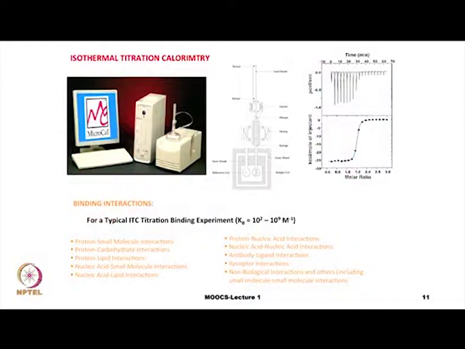For example, in biological or living systems, understanding of protein small molecule interactions, protein carbohydrate interactions, protein lipid interactions, nucleic acid small molecule interactions, nucleic acid lipid interactions, protein nucleic acid interactions, antibody ligand interactions, receptor interactions, and any interactions. In effect, when you mix something with another thing, a small amount of heat is definitely going to be liberated unless the system is completely entropically controlled.